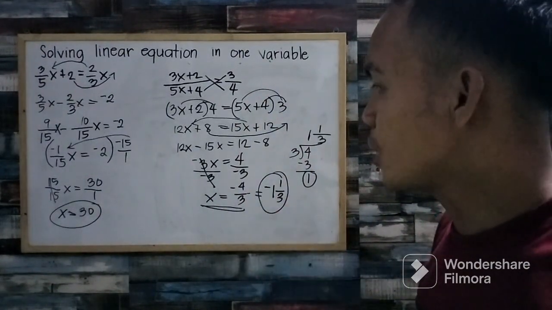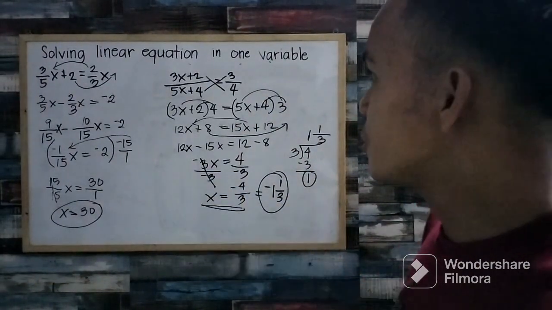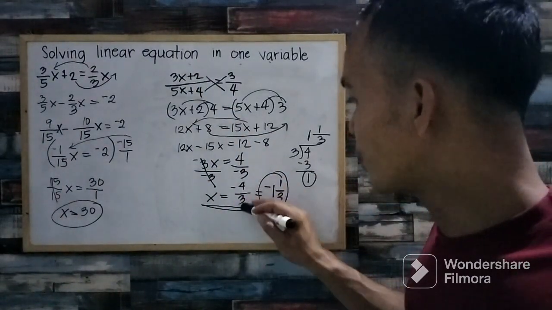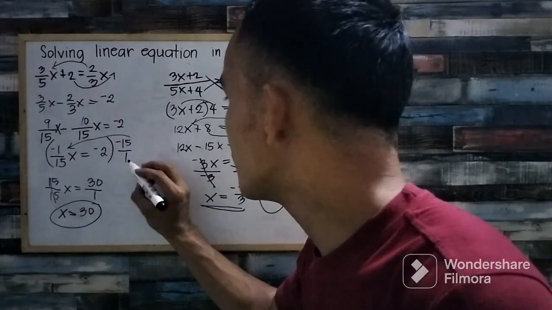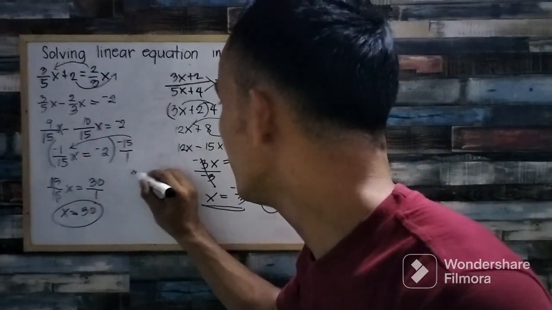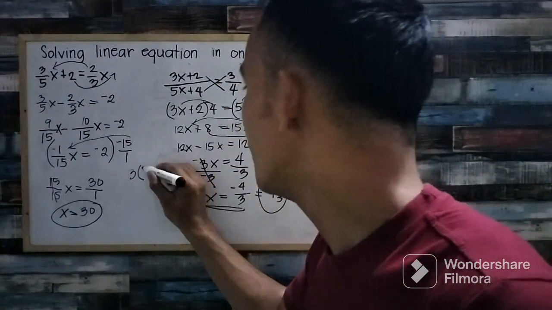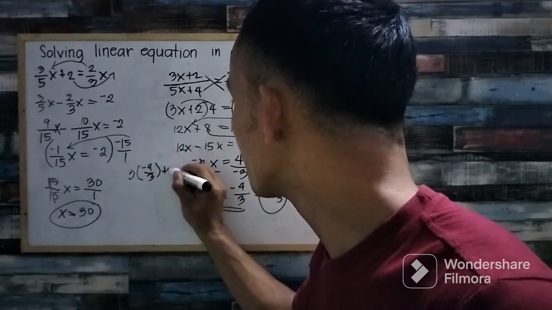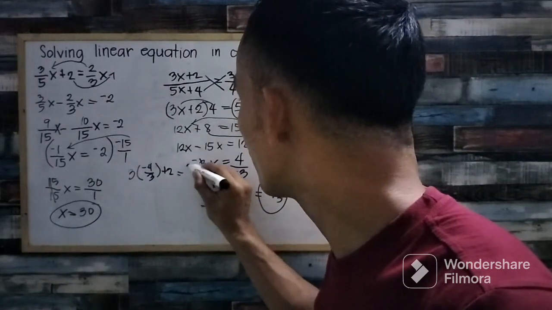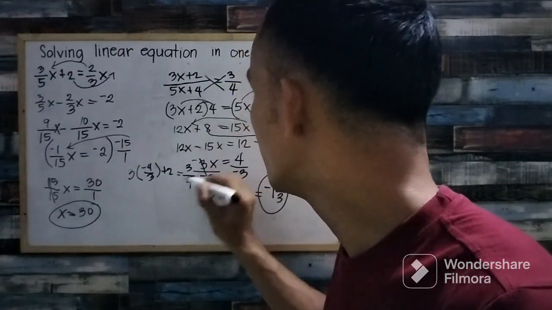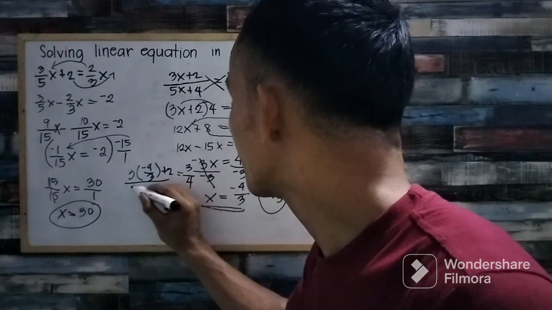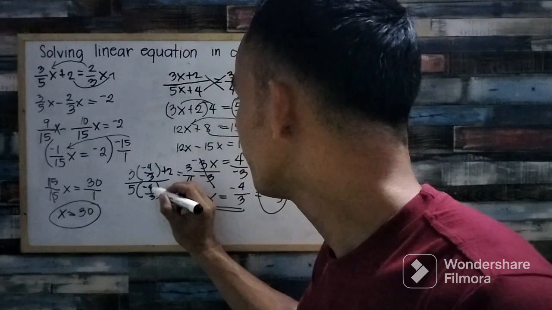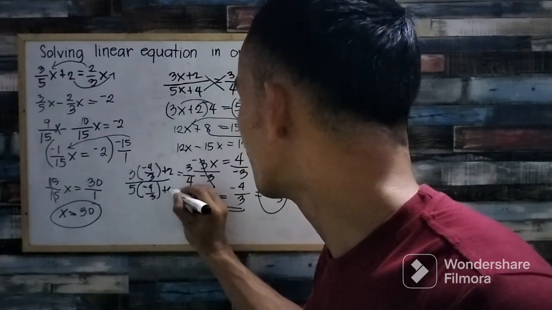So of course we have to check that. We have to substitute the x there by its value. So we're gonna use this negative 4 over 3. So we have 3 times negative 4 over 3 plus 2 is equal to 3 over 4, and over, we got 5 times negative 4 over 3 plus 4.